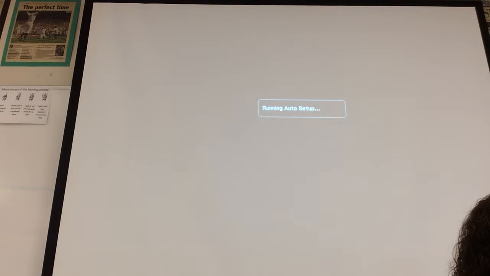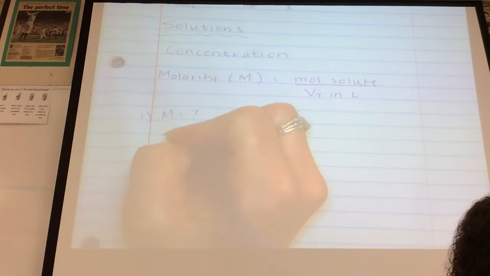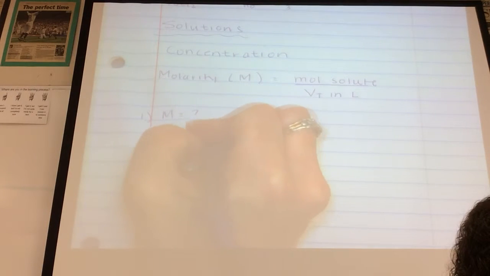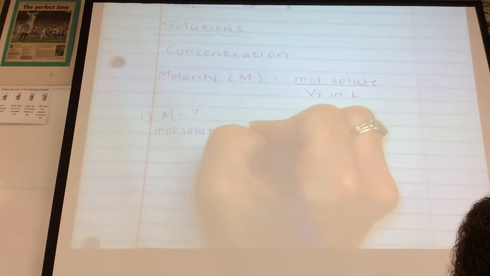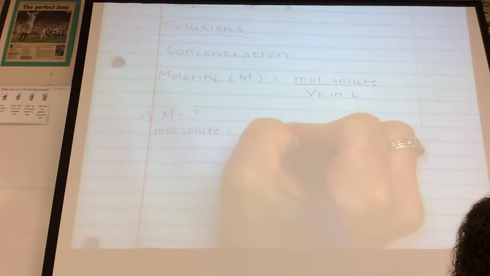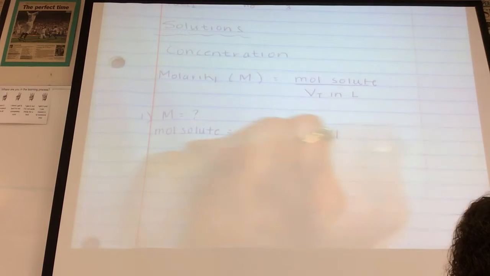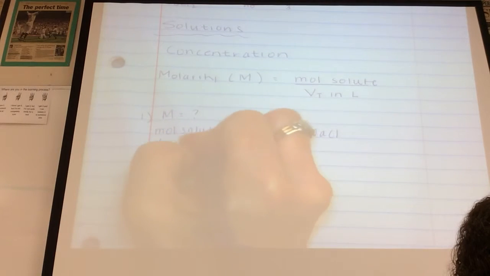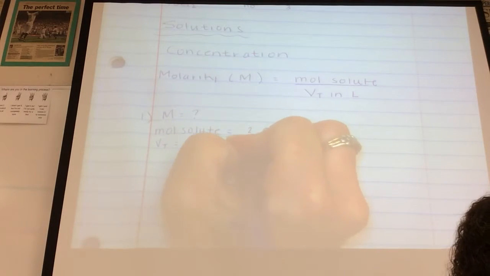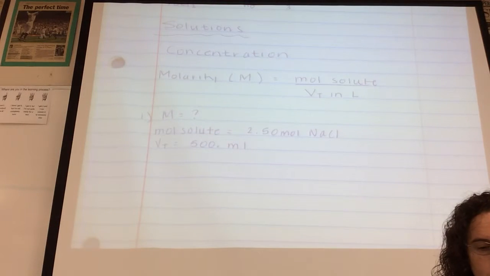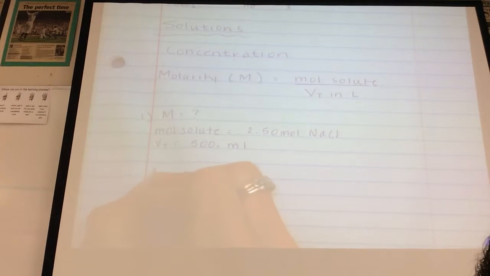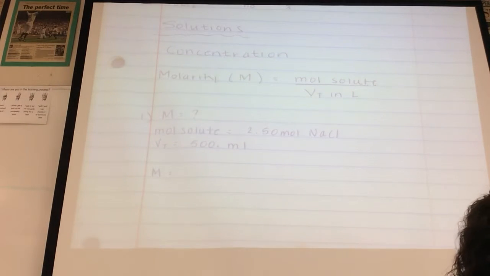That's what we're looking for. The moles of solute is 2.50 moles sodium chloride, and the total volume is 500 mL. So molarity, can you see in the back? It's okay.